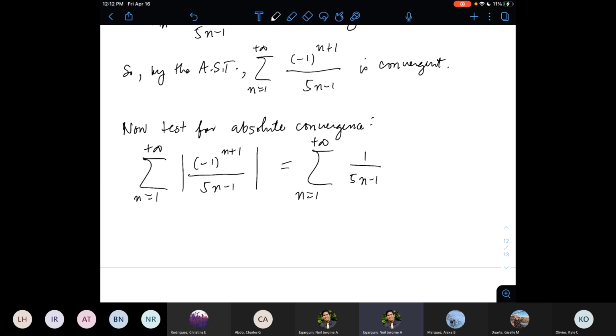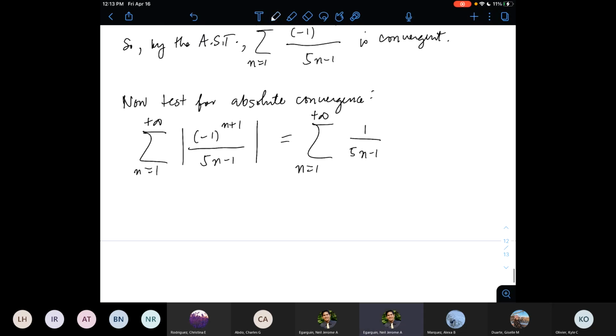What would be a nice thing to do here? Actually, I can do the limit comparison test with the harmonic series, but let me see if direct comparison will work here. Okay, what happens if I just ignore the -1? Say I'll have 5 over n. What would be the inequality symbol?